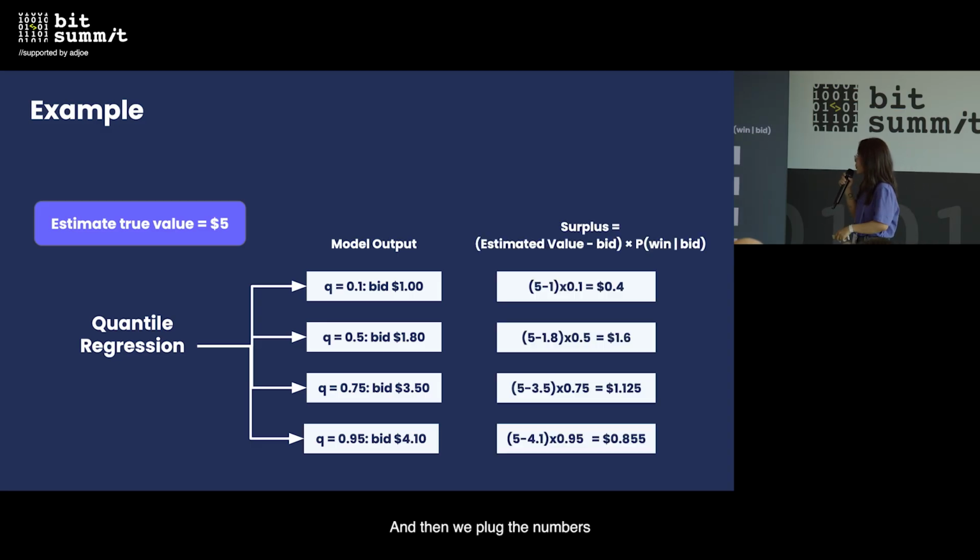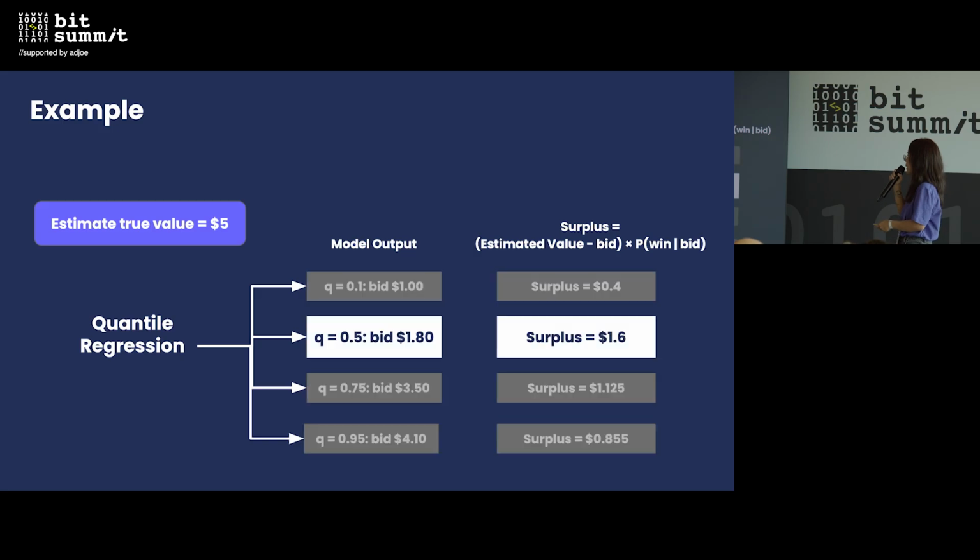And then we plug the numbers back into our surplus function. And if you see here, the highest surplus is the second one, which is from quantile 0.5 with a bid of $1.8. So it gives us the maximum surplus, and then we could use this to participate in our auctions.